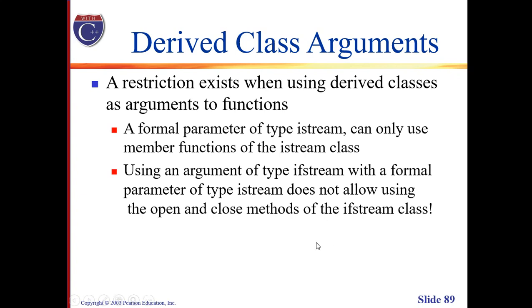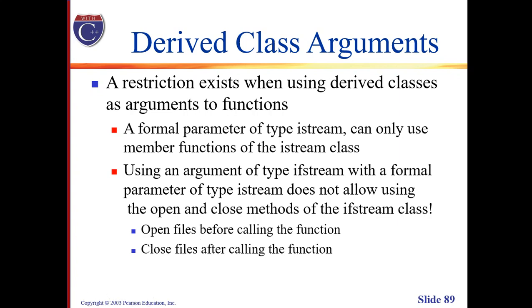As you can see here, the input file stream class was just a derived class from the input stream class. Thus, whenever we are using an input file stream object as an argument to a function with an istream parameter, we must first open the file before calling the function. And of course, we close the file after calling the function, as we can see in the previous slide.